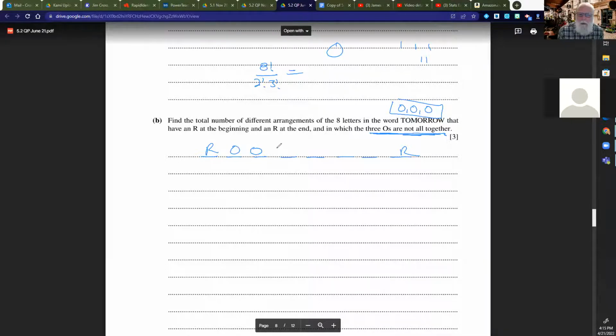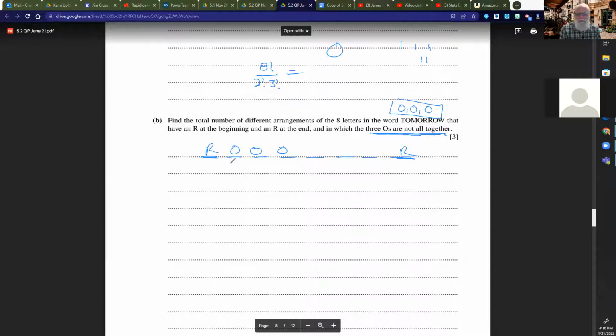Are you with me? Now again, keep in mind, out of tomorrow, there were only 2 R's. In every arrangement, there's going to be an R at the beginning and an R at the end, so that's not going to change. The number of arrangements has nothing to do with these R's, only with the middle ones.